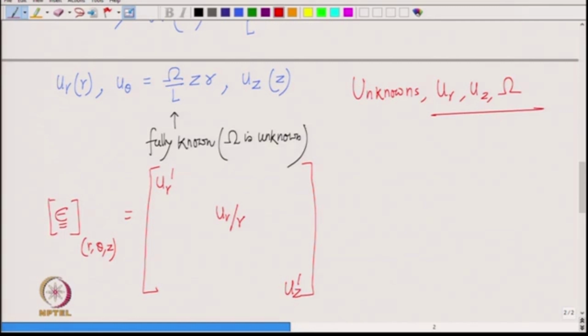Let us now think of the shear strains. So, what is epsilon r theta? From the formula, epsilon r theta is half of 1 over r del u r over del theta minus u theta plus del u theta over del r.